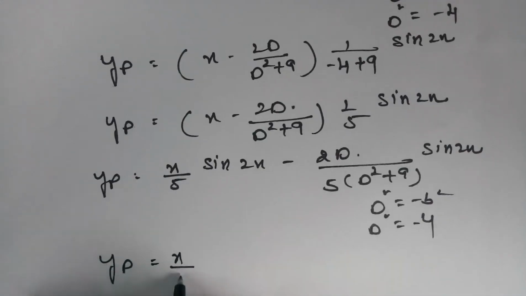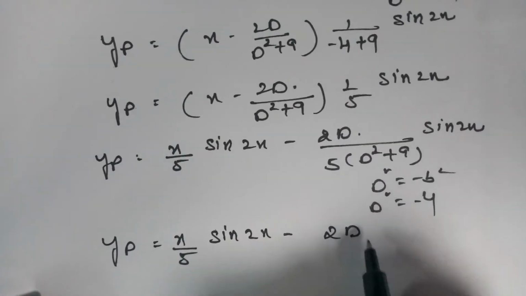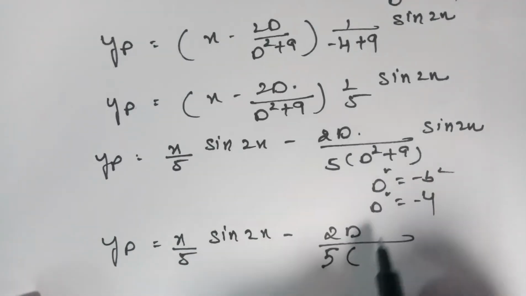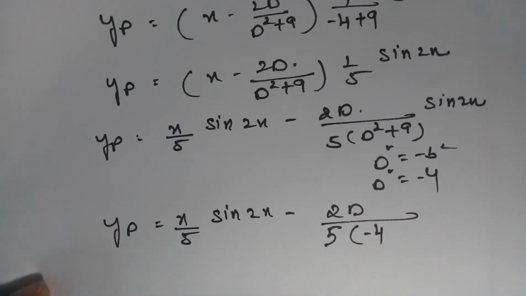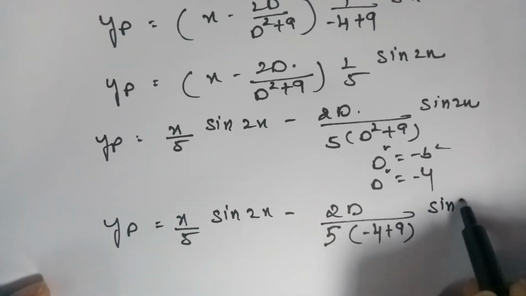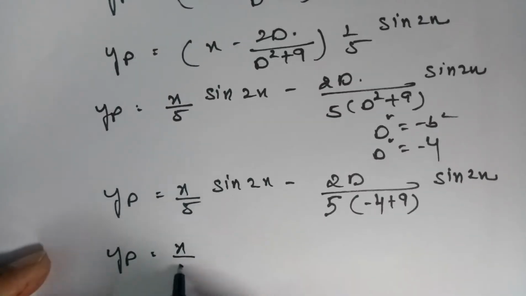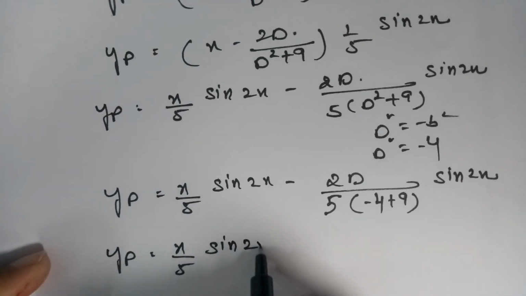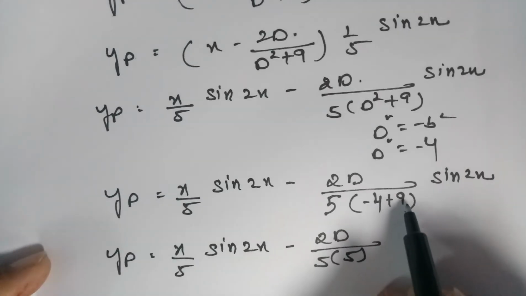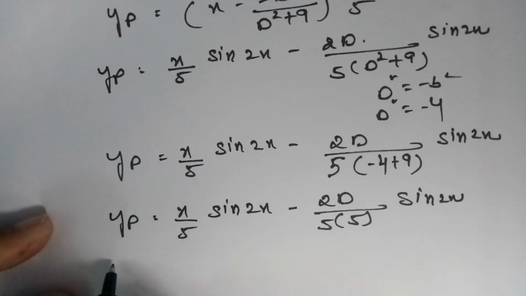So yp is equal to x by 5 sine 2x minus 2d of, this is 5 into, in place of d square I have to write minus 4, minus 4 plus 9 into sine 2x. So yp is equal to x by 5 sine 2x minus 2d, 5 times 5, since 9 minus 4 is 5, into sine 2x.